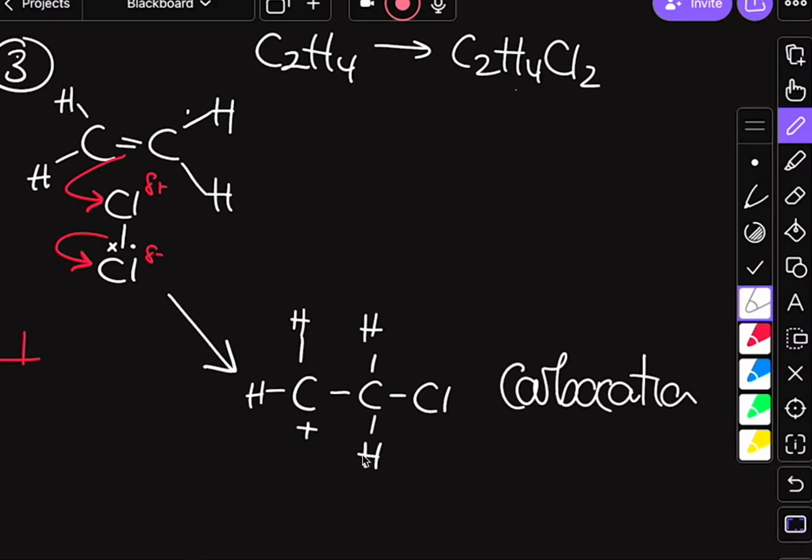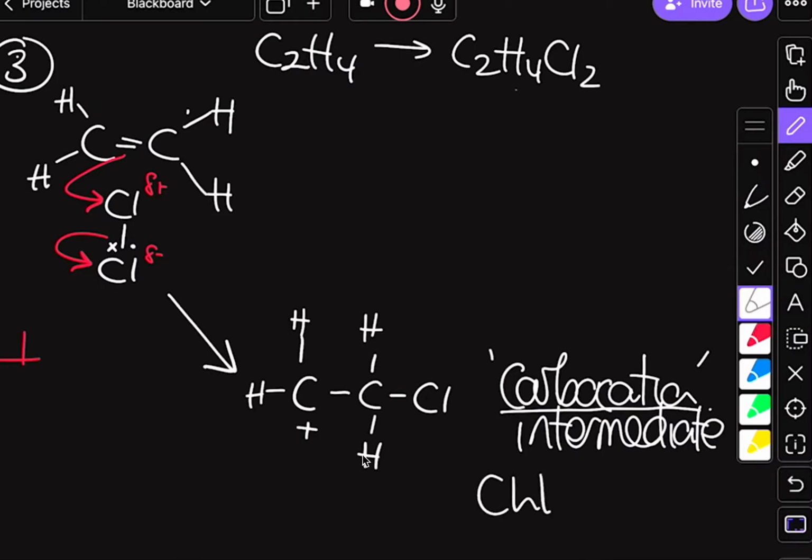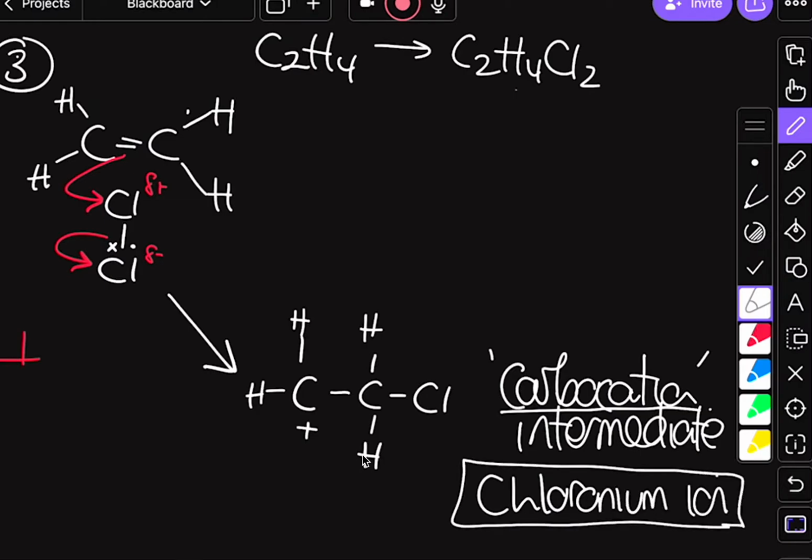This is the intermediate, and the intermediate is key to proving that it's an ionic addition mechanism, and we'll talk about that in a little while. As well as being called a carbocation, so every time you draw a carbocation structure we recommend you write in the words, this can also be called a chloronium ion. I give you this in case it's written in a question, then you will know it.